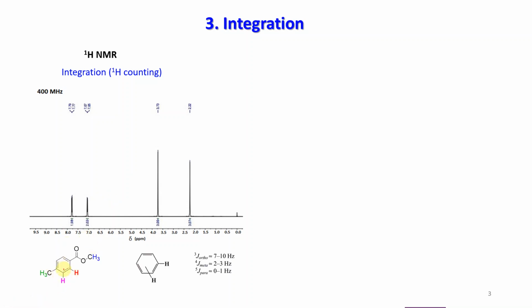So the spectra of this methyl ester of the paramethyl benzoic acid, okay, and from this spectra what we come to know is that this is the 2 ortho hydrogen, and that can be confirmed by the corresponding doublets here.